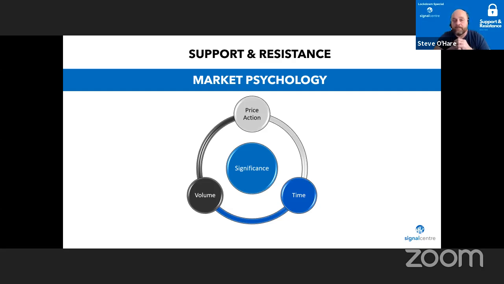Also, the other thing to consider is the volume. The more volume that takes place at a support and resistance level, the more significant that will be. So think about that: the more recent the price action, the more significant it is, the time that it spends there, and the volume that takes control there.